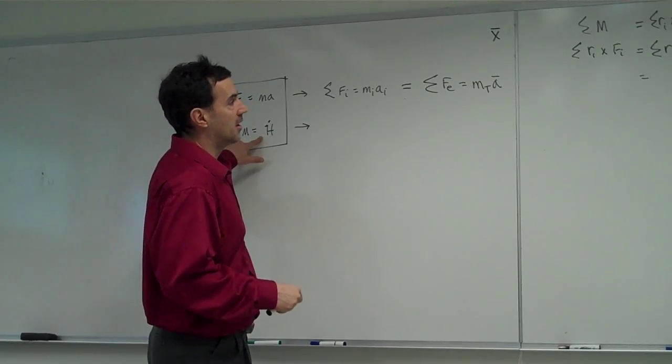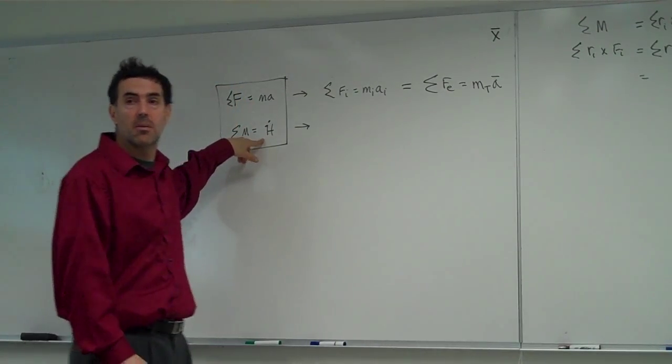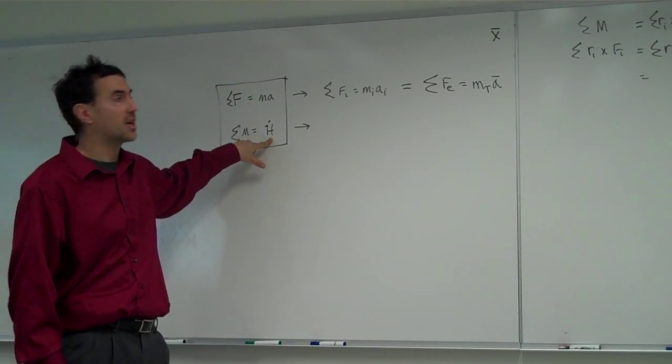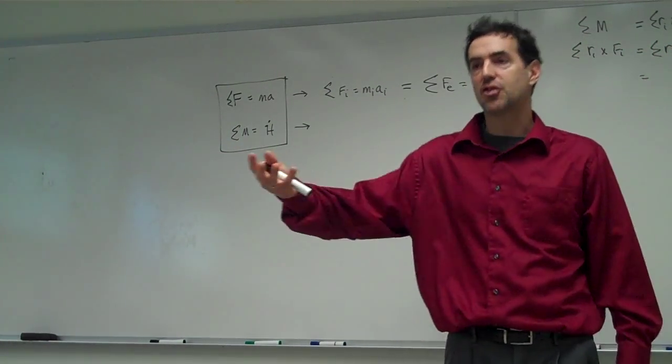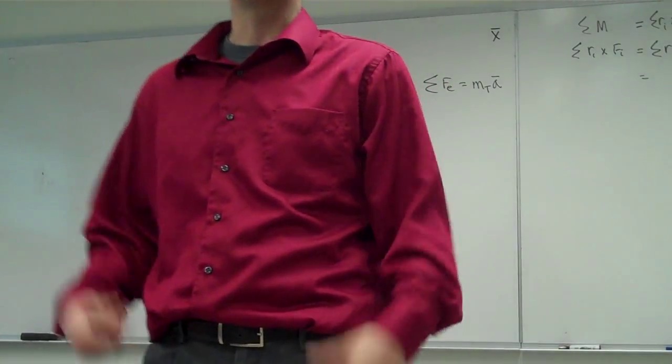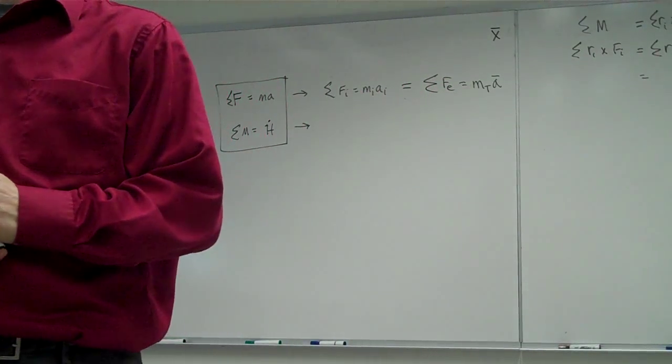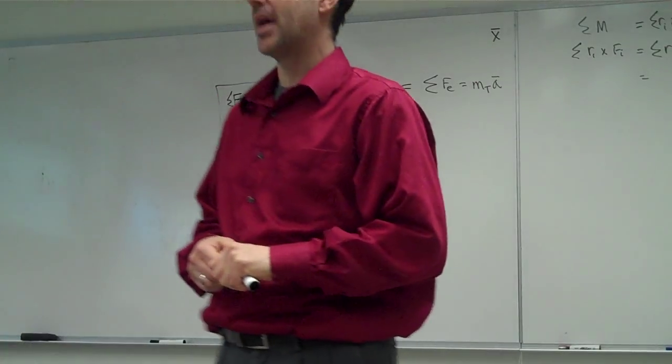So, just to restart and go quickly through what we went through last class, sum of the moments equals h dot. H dot was r cross ma. Now h was r cross mv, it's angular momentum. And when I take a derivative of that with respect to time, I get r cross ma.